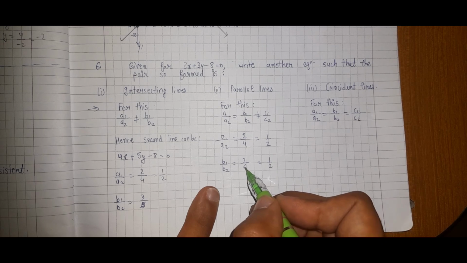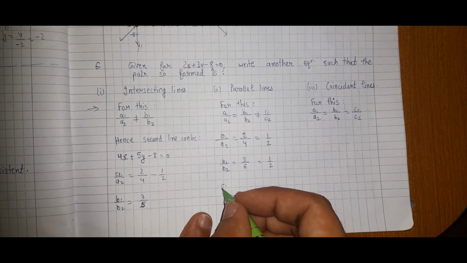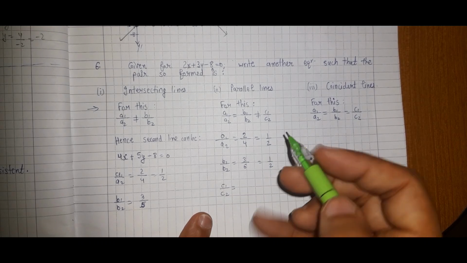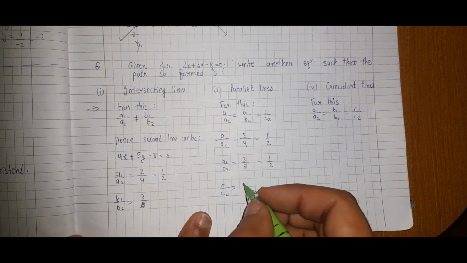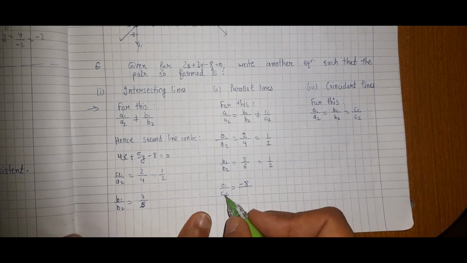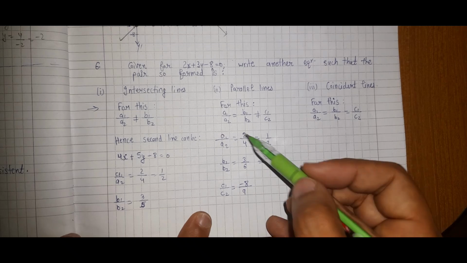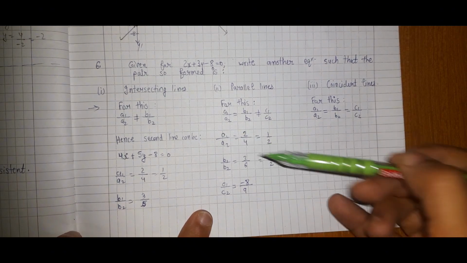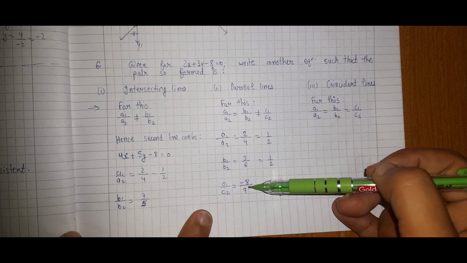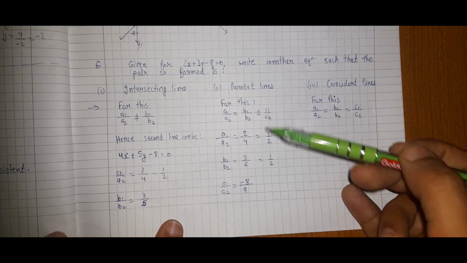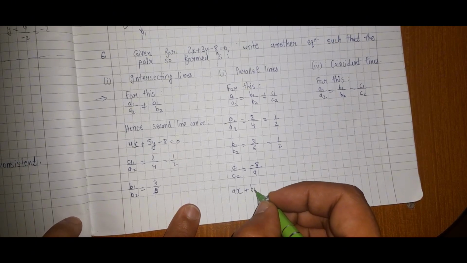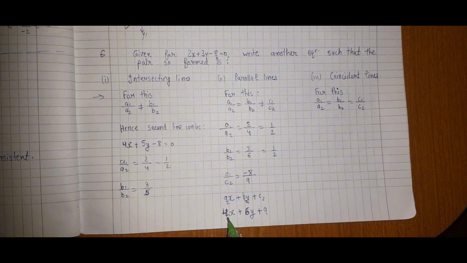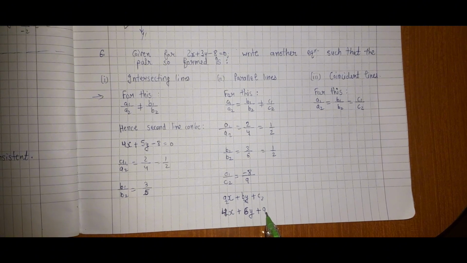Now c1 upon c2 should not be equal to these two ratios. Here c1 is minus 8, then let c2 be 9. So the equation of the second line is 4x plus 6y plus 9.